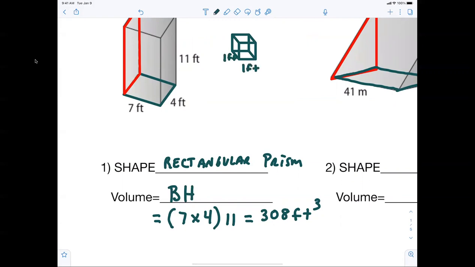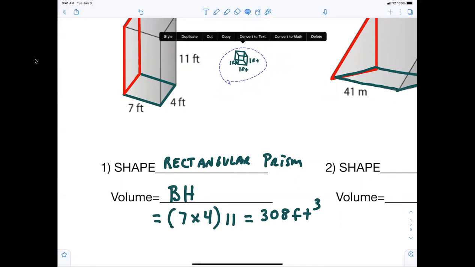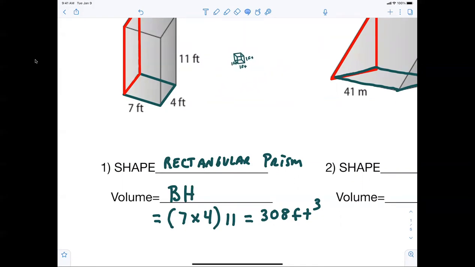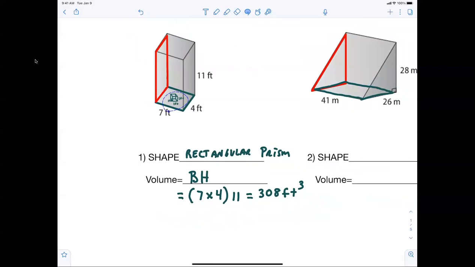This is 1 foot and 1 foot. Did everybody see that? Now look right here. How many of these, I'm drawing it to size, how many of these can fit into here? How much? That is exactly correct. 308 of these little cubes can fit into that big rectangular prism. Does everybody agree with that?